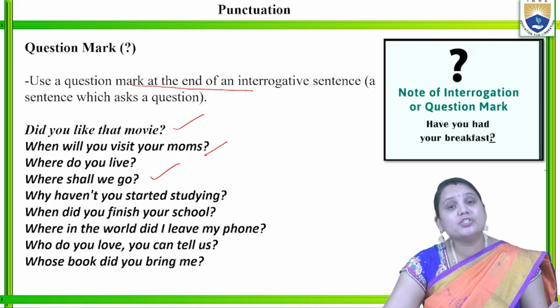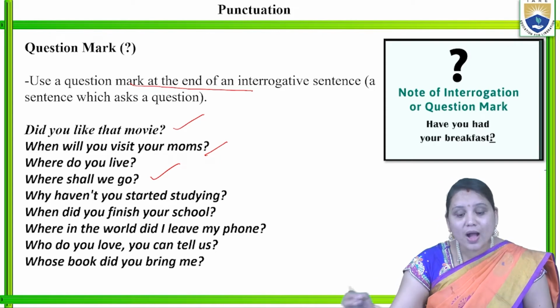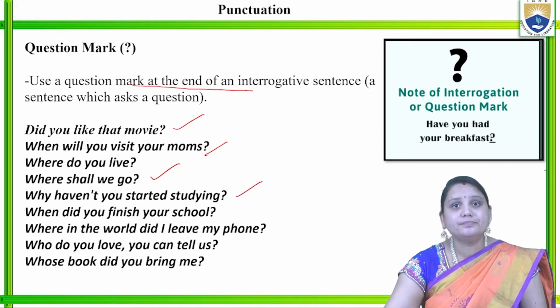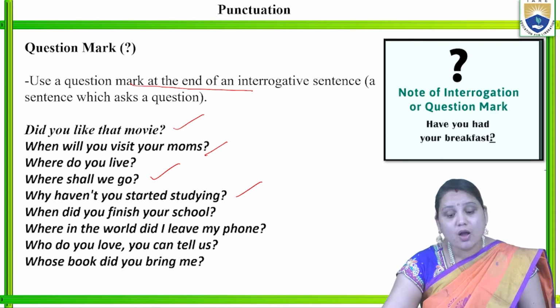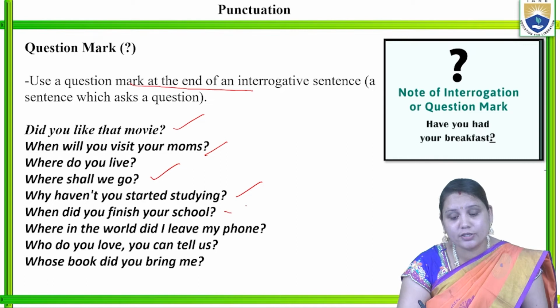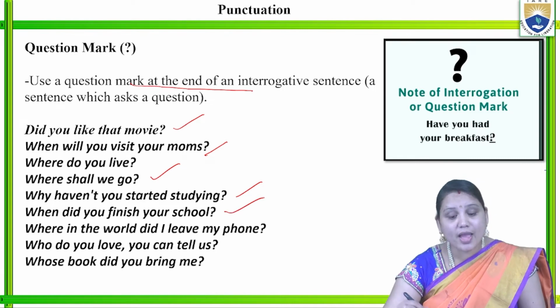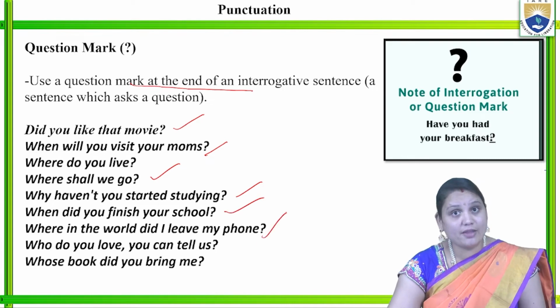Now, why haven't you started studying? See the way I question. Why haven't you started studying? When did you finish your school? Where in the world did I leave my phone? See the way. Who do you love? You can tell us.